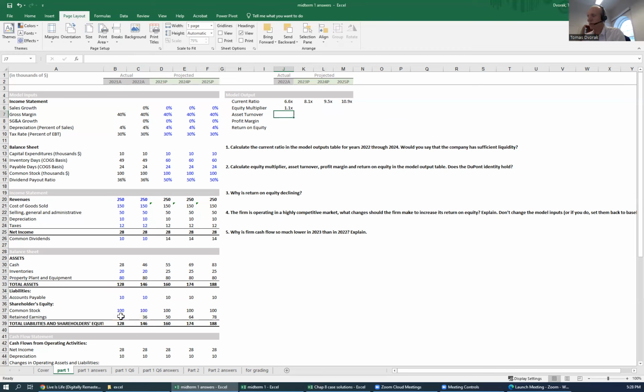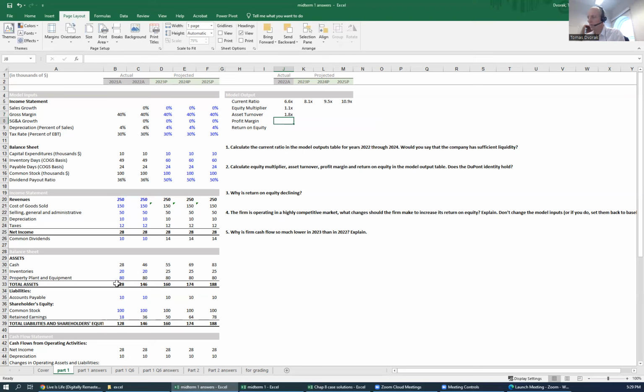Asset turnover is going to be sales divided by average assets. So it's going to be end of the year assets are here, and beginning of the year assets over here.